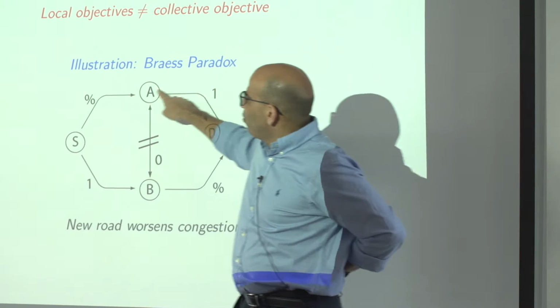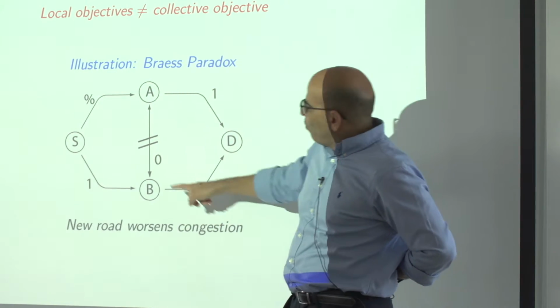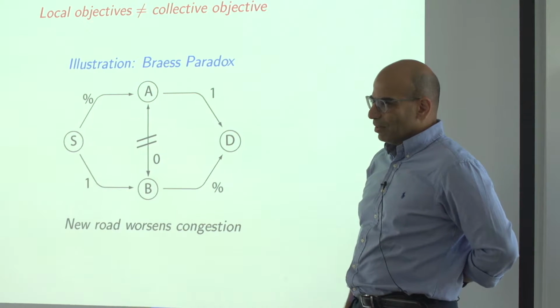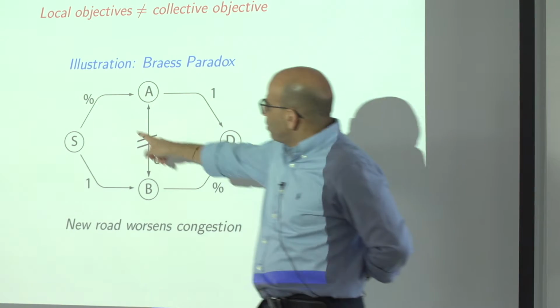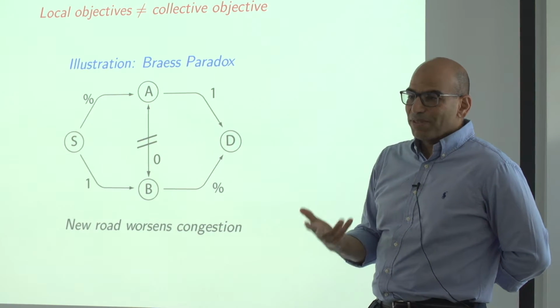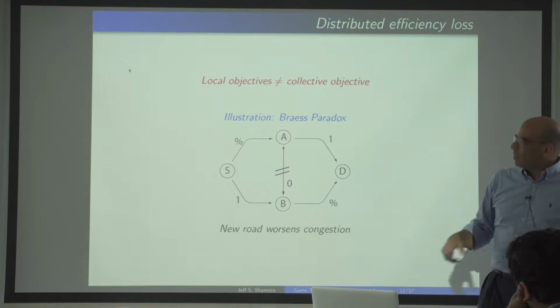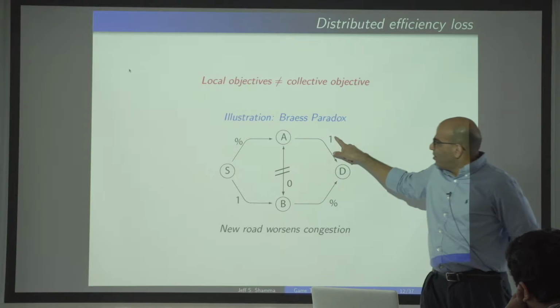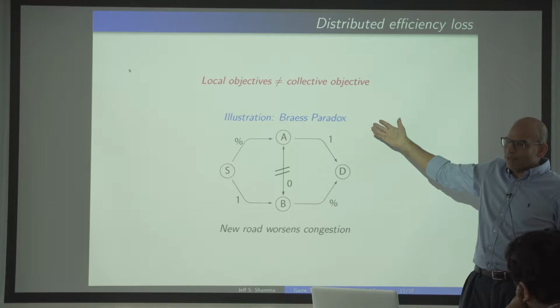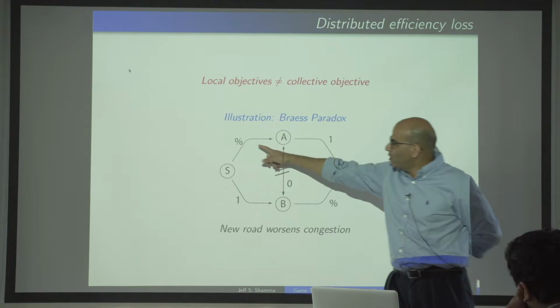What fraction is going to take the high road, and what fraction is going to take the low road? And this percentage sign means that the delay, the congestion that they experience, depends on the fraction. So this means say it's a big road with lots of lanes, so it doesn't depend on the fraction. But this one depends on the fraction.